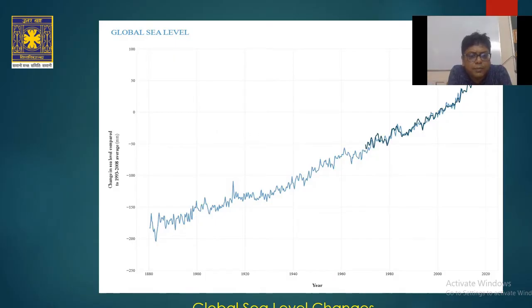The scale is in millimeters, and the x-axis shows the year marks, and after 1880 the scenario in 2020 has reached a very high, positive change in the sea level growth, and that has really revealed the chances to see what is going to happen in future.